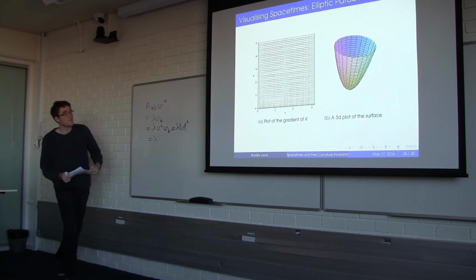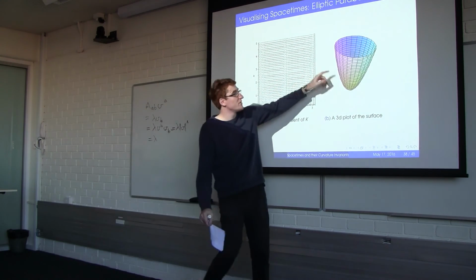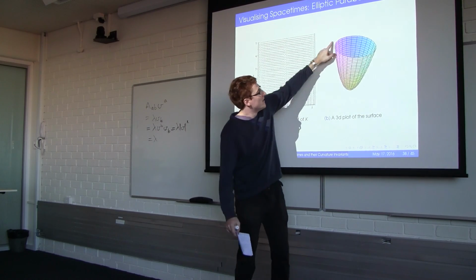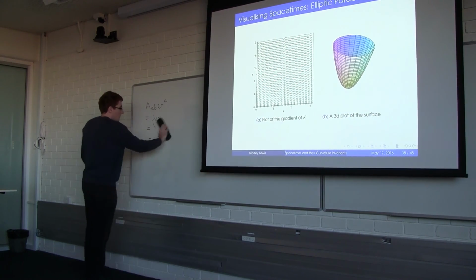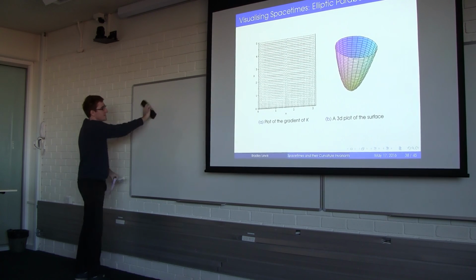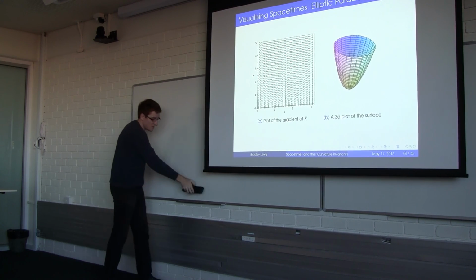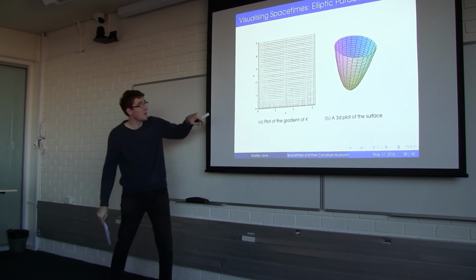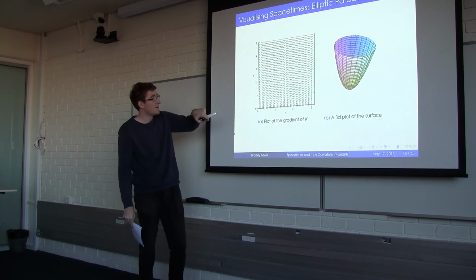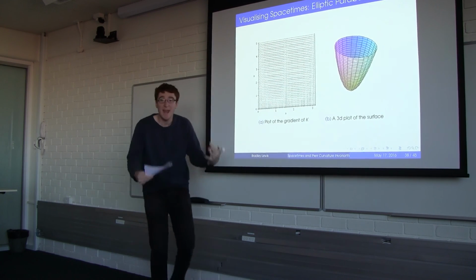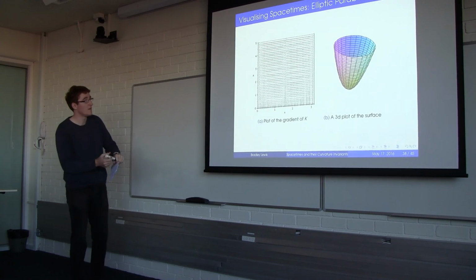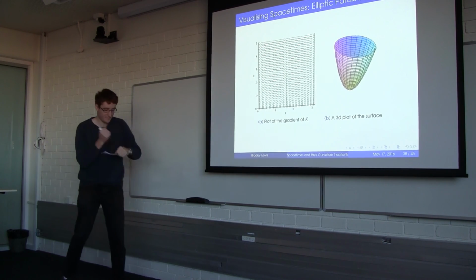This surface here is called an elliptic paraboloid. Here you have an ellipse, and this is a parabola. What we're going to do is plot the gradient of, in this case, the Gaussian curvature, to find a coordinate-independent way of describing how the curvature behaves on the surface.